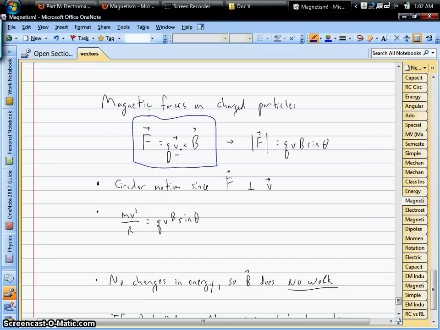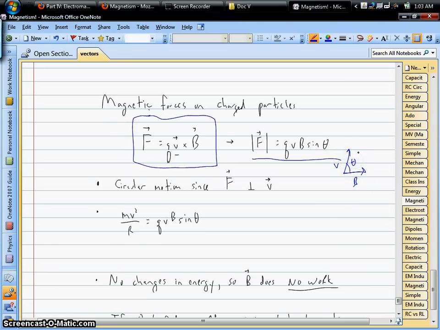Okay, so that's all fine and good, as far as right-hand rules for positive charges, left-hand rule for negative charges. But usually we're dealing with numbers. We just want to find out how strong the force is. And so that means we have QVB times the sine of the angle between the velocity and the magnetic field.